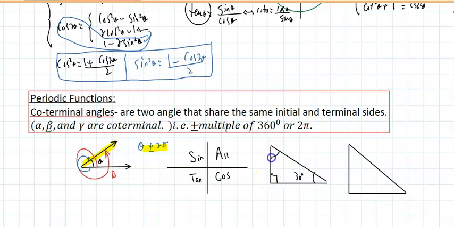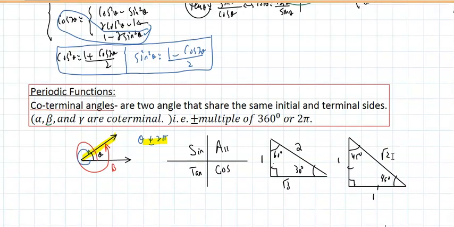Automatically that makes this a 60. So you start with the side opposite of 30. If that's a 1, the hypotenuse is 2 and this is radical 3. And an isosceles triangle in which this is 45 degrees, that makes this automatically 45 degrees. If this is 1, this is automatically 1, and that's a radical 2.